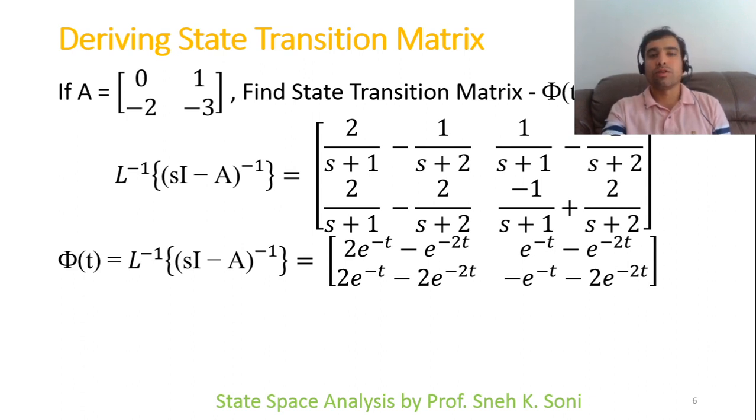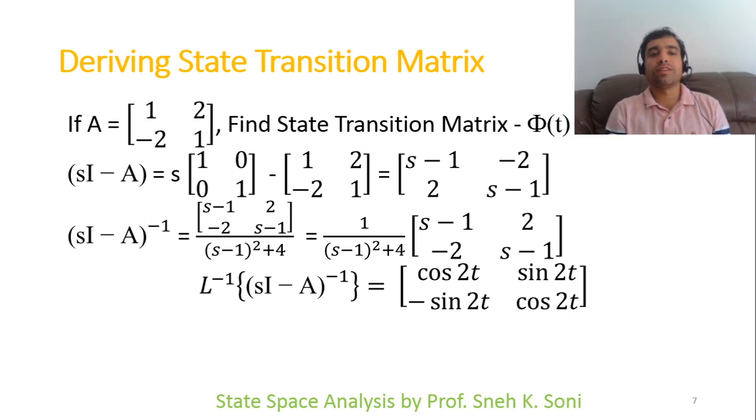So this was the first problem. We are moving towards the second problem, a similar kind of problem. Here our matrix A is [1, 2; -2, 1], and we find the state transition matrix phi of t. Again we'll do the same method, but I have taken this problem because the Laplace inverse equations are different, so you may have the answer in terms of cosine as well.